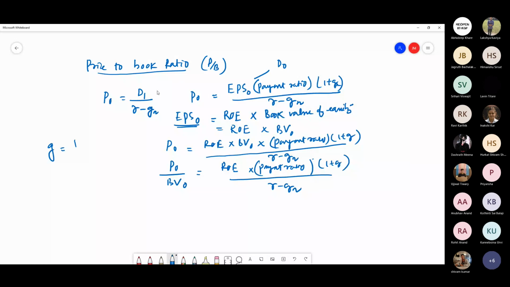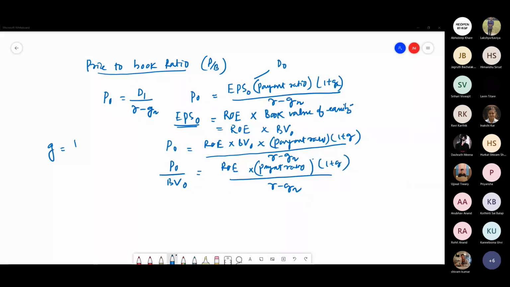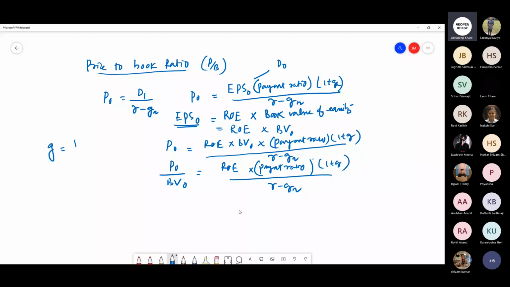Yes, retention ratio. Retention ratio multiplied by ROE, yes or not? Yes, sir. So retention ratio multiplied by ROE, and retention ratio is nothing but 1 minus payout ratio into ROE.